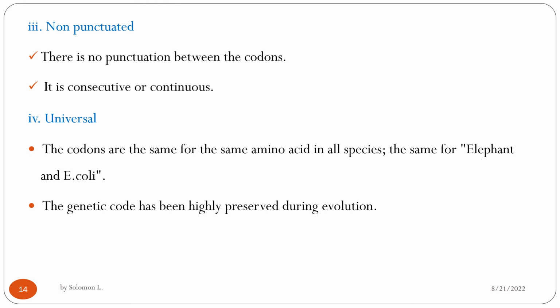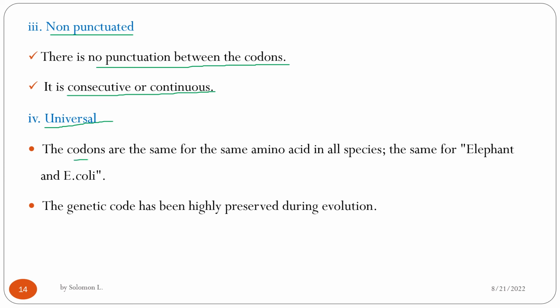The other feature of genetic codes is that they are non-punctuated. There is no punctuation between codons. There is no need for a comma or any other punctuation to separate one codon from another, so they are found continuously. And the other feature is that they are universal.